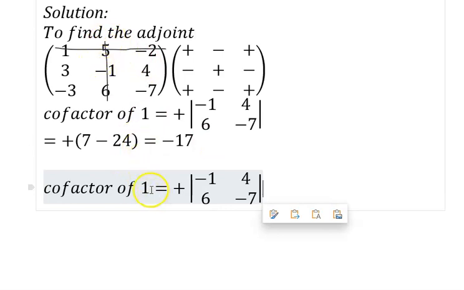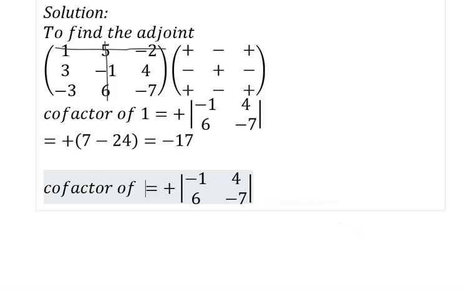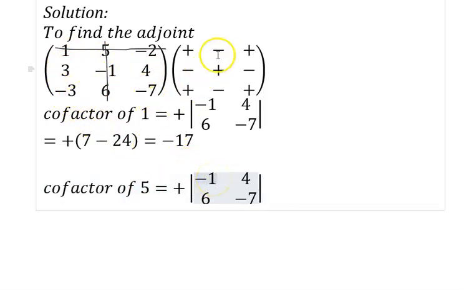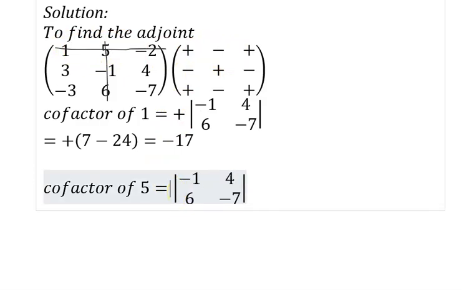So the numbers that are left now are 3, 4, minus 3, minus 7. But this time around, the corresponding sign for this 5 is minus. Awesome. The corresponding sign is minus.